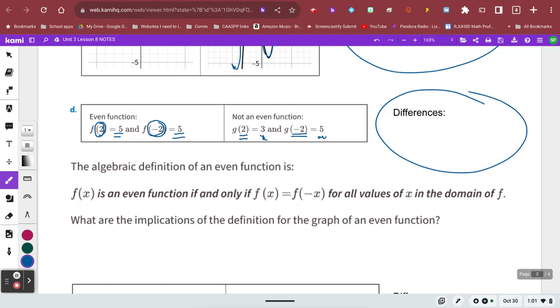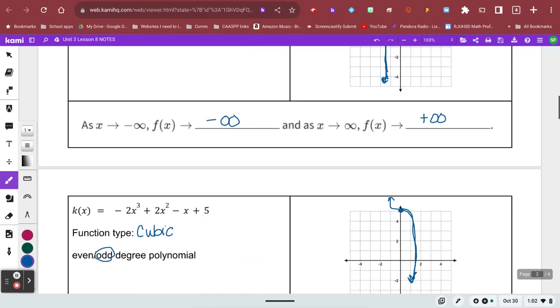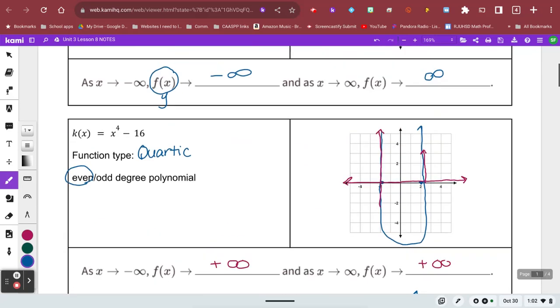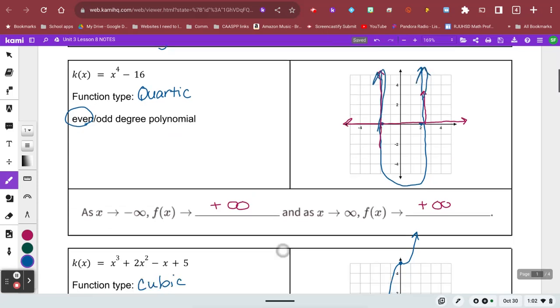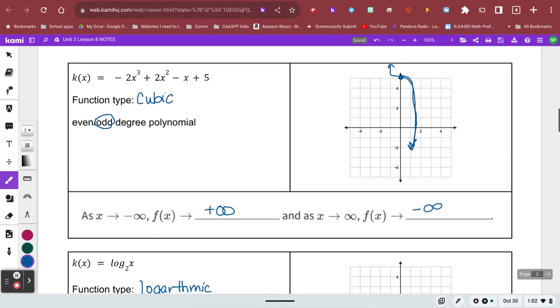We will also know that, if you look back at our previous ones, all the ones that were even are both going in the same direction. They're both going up. That one's an odd.